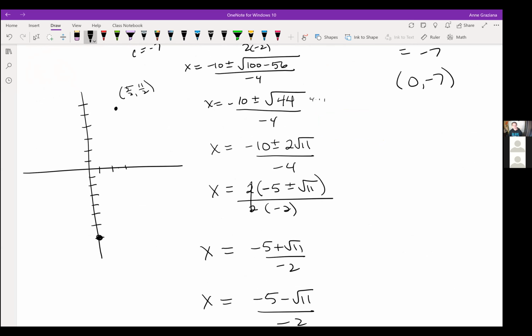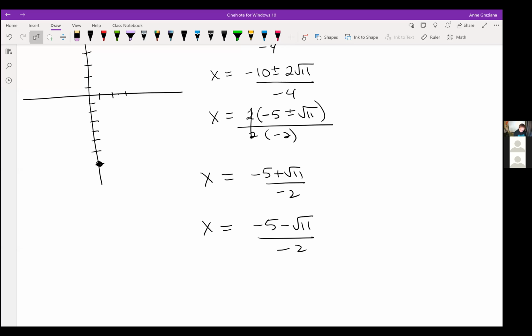And you can kind of see that you know that your x-intercepts are not nice numbers. So I'm just going to draw this. If we did an approximation here, the square root of 11 is about 3.2 because the square root of 9 is 3. So this is approximately negative 5 plus 3.2 over negative 2.